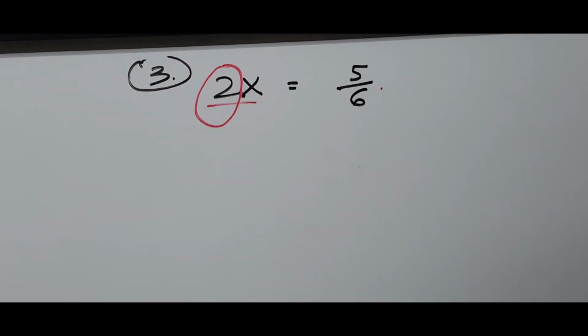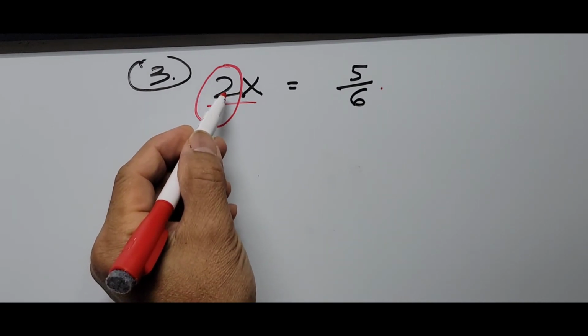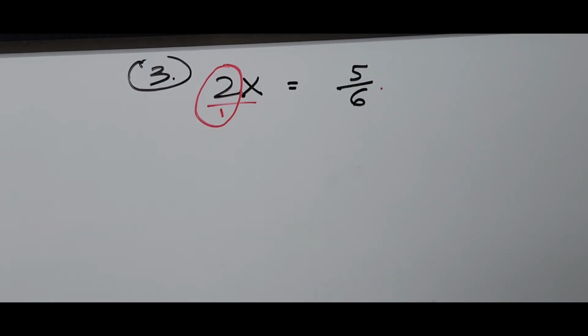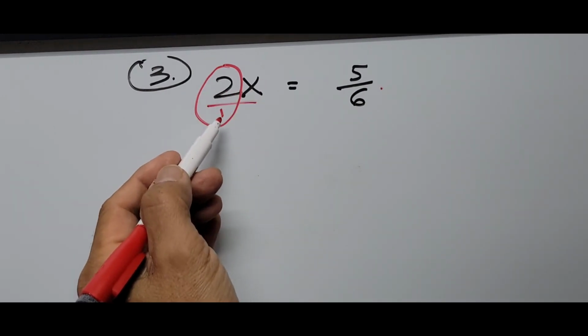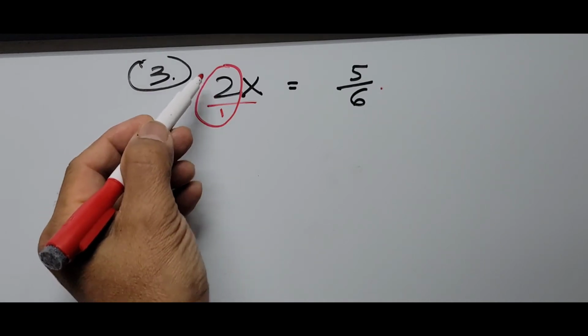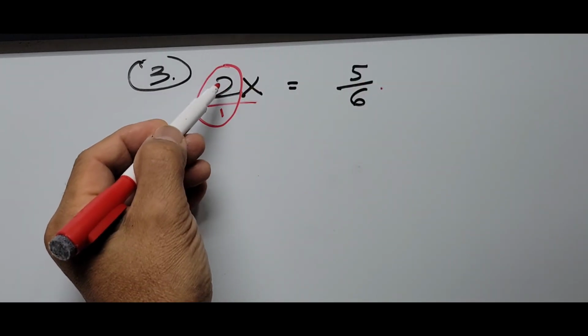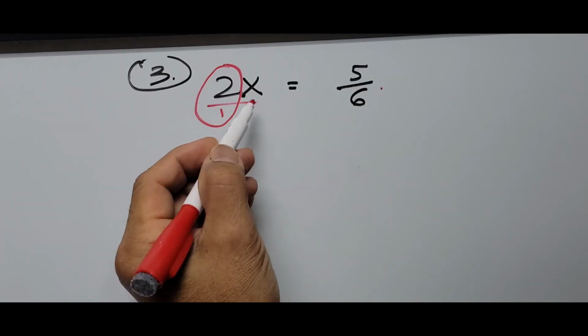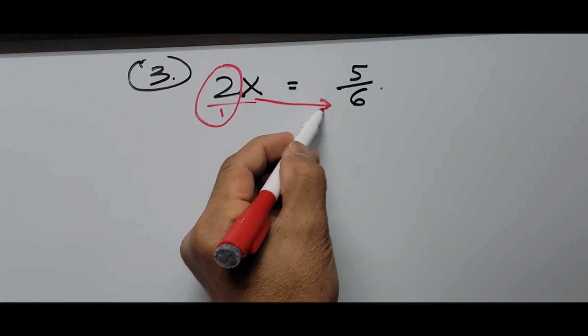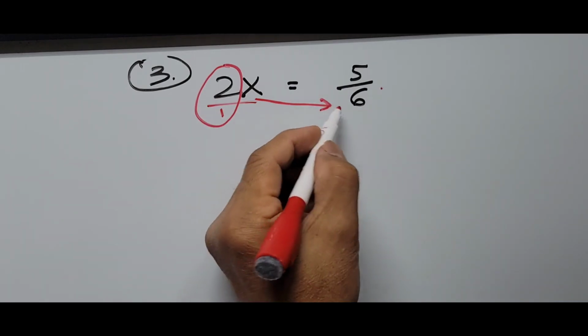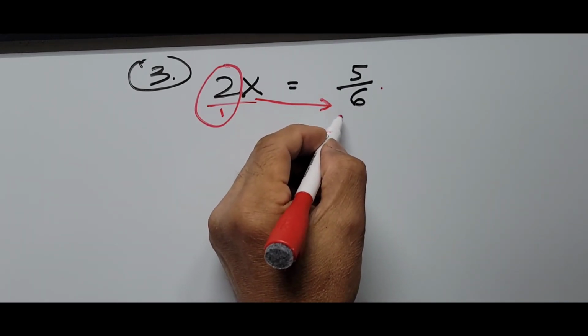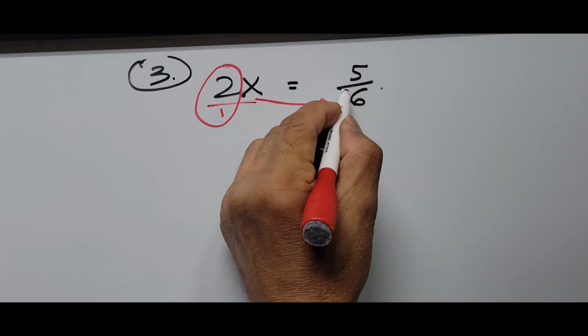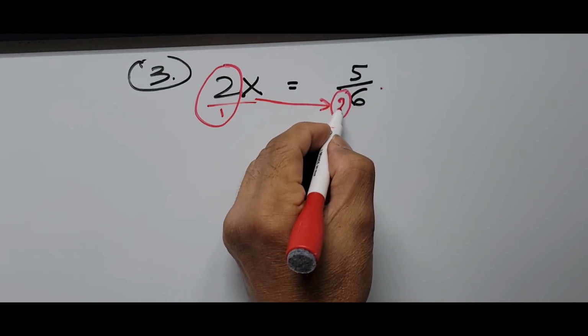Normally 2 is the same as 2 divided by 1. So if this is from the left, the numerator will become the denominator if you move that to the other side of the equation. So that will be in the denominator.